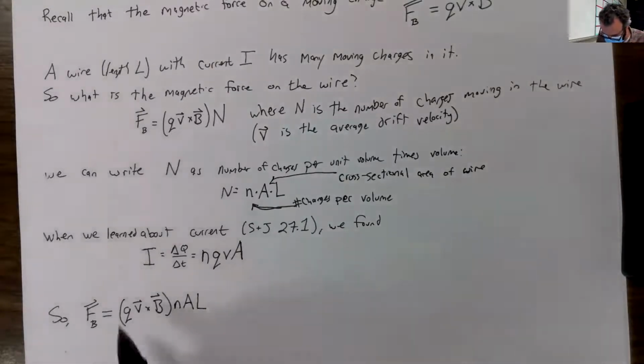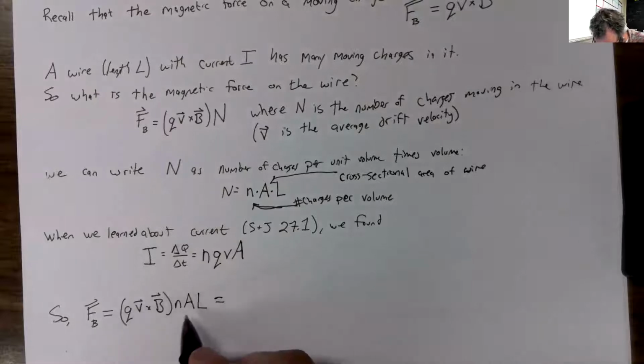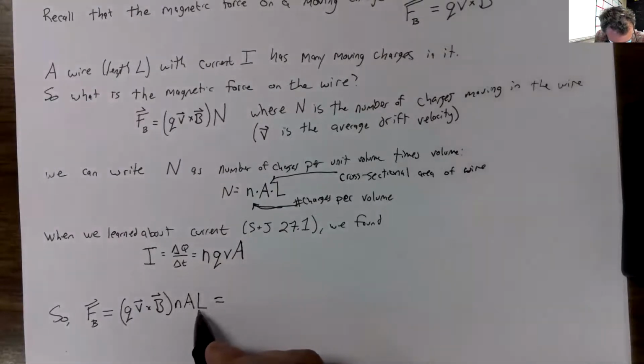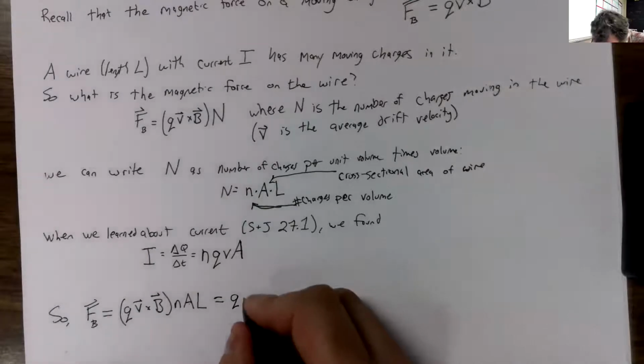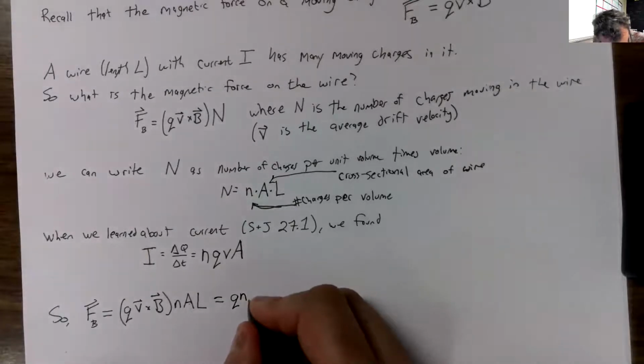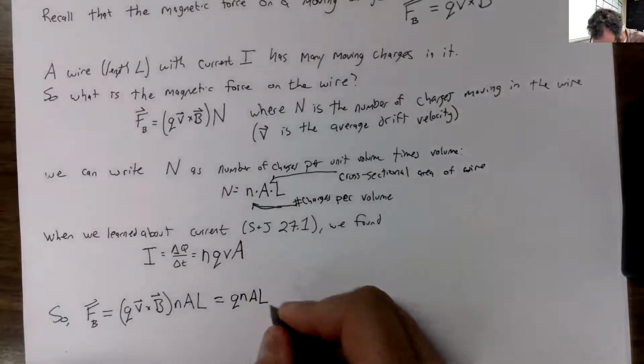Let me rearrange that a little bit. All the scalars, all the ones that aren't vectors, I'm going to put together. That's the q, the n, the A, and the L. So q times n times A times L times v cross B.